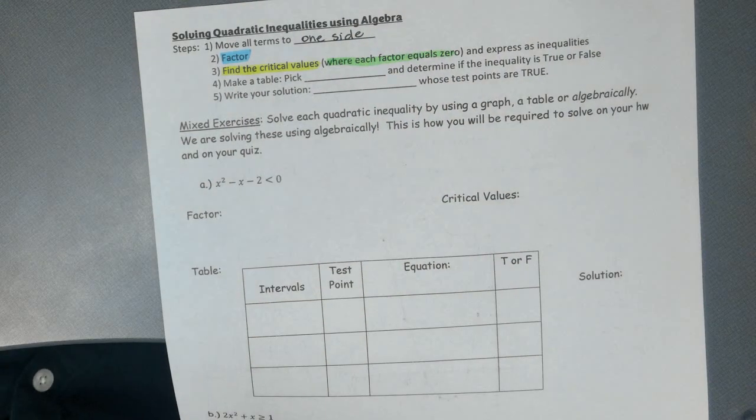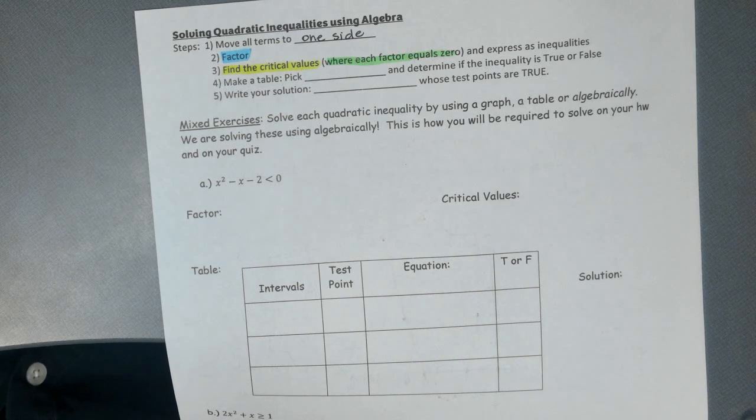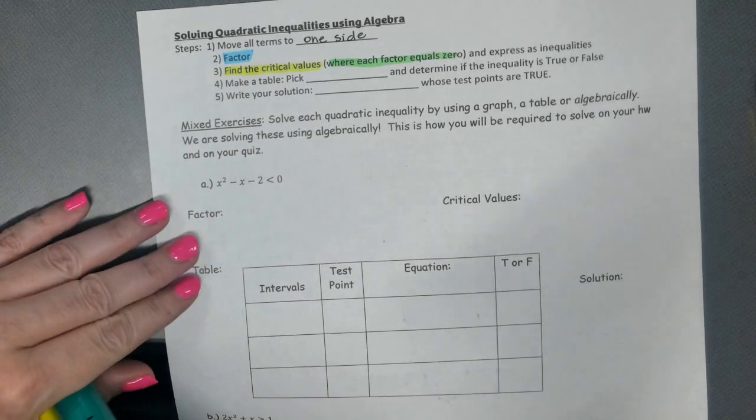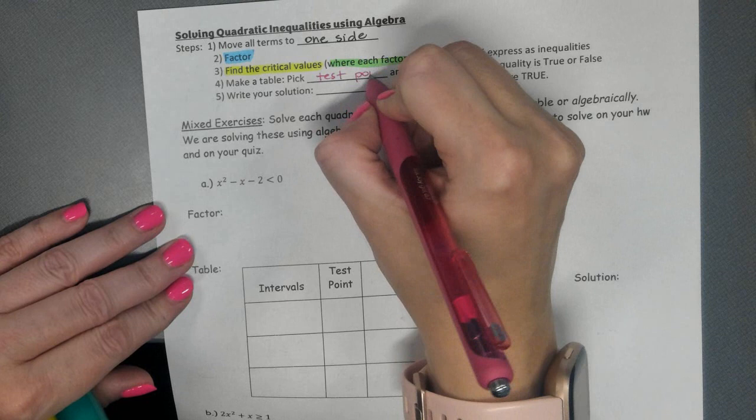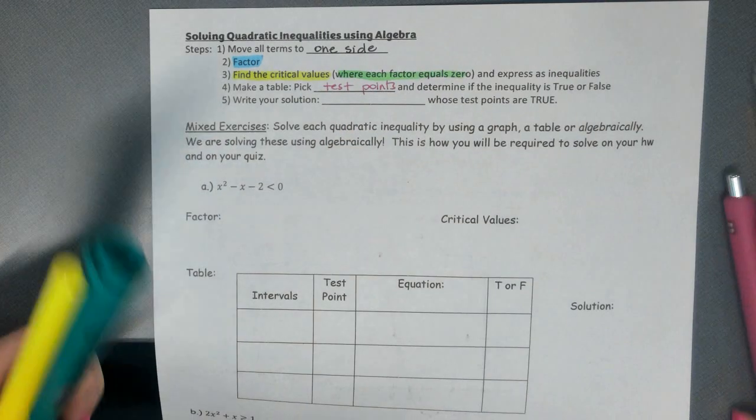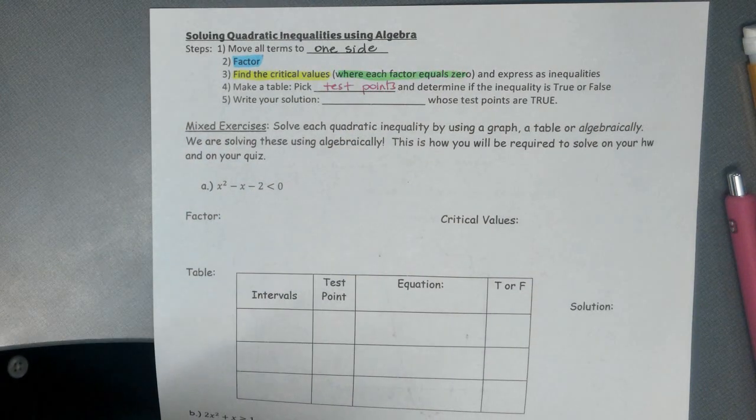Okay, and then you're going to express those as inequalities. And then just like we do a test value on the graph, we're going to make a table, and we're also going to pick test points. And we're going to determine if the inequality is true or false.